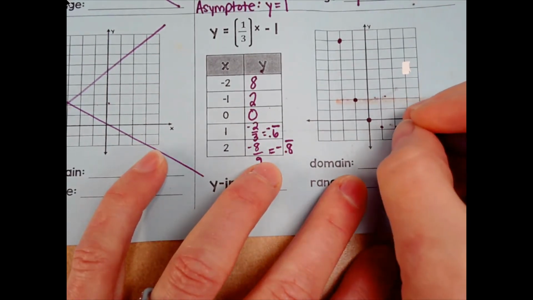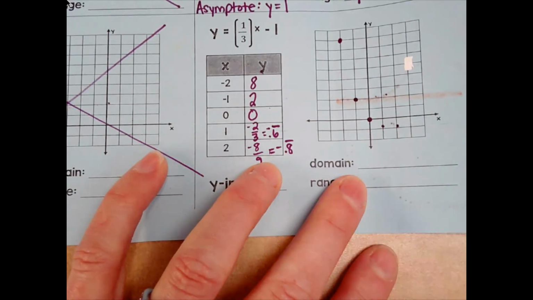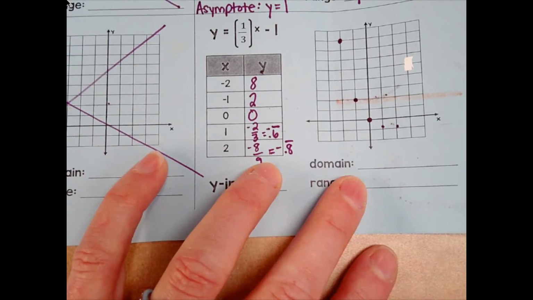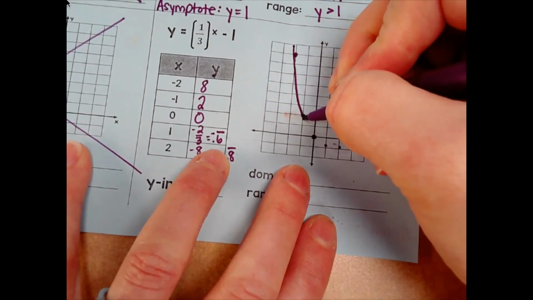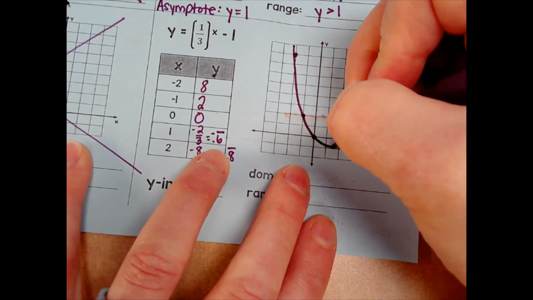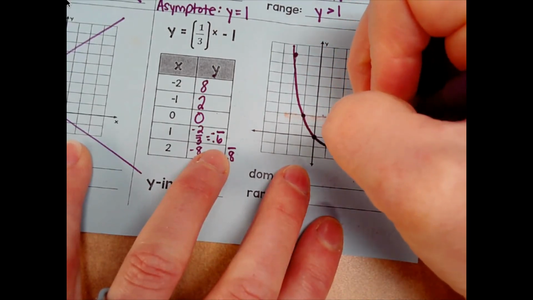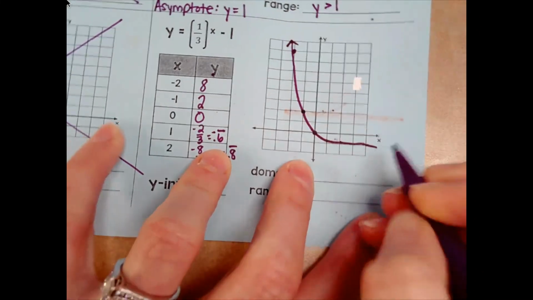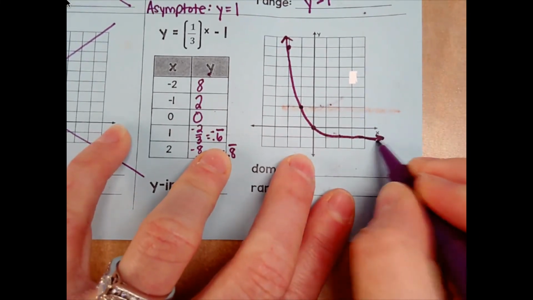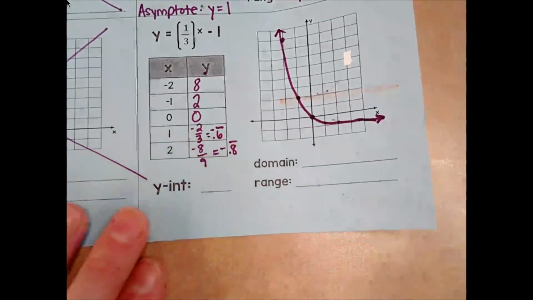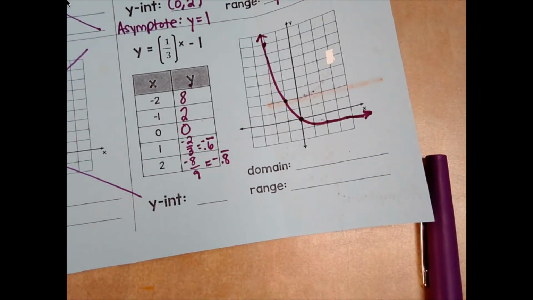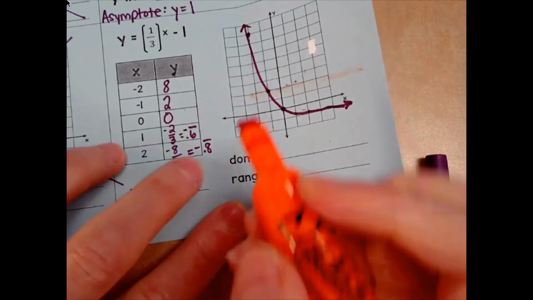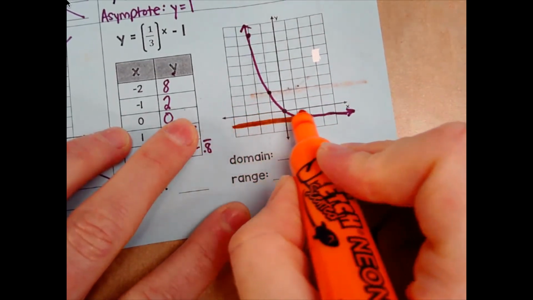It's going to get closer to negative 1. Where's the asymptote going to be at? Negative 1.